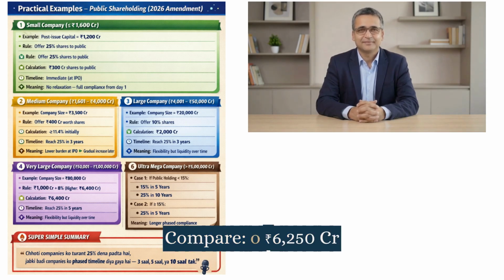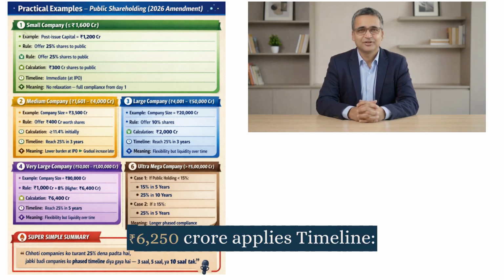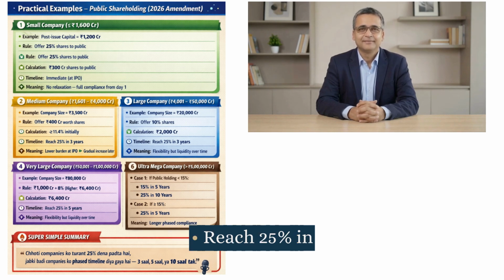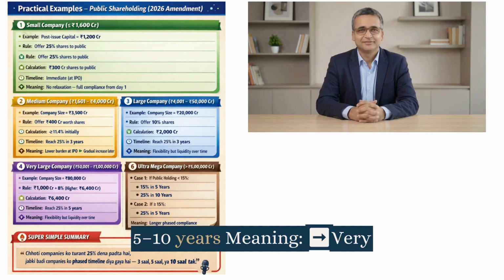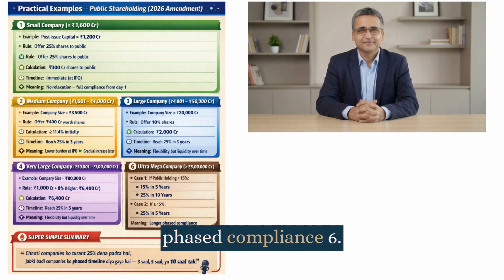Compare 6,250 crore rupees versus 5,500 crore. 6,250 crore rupees applies. Timeline, reach 25% in 5 to 10 years, meaning very large companies get longer phased compliance.